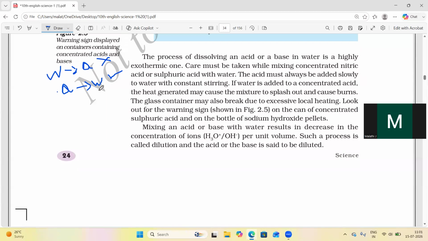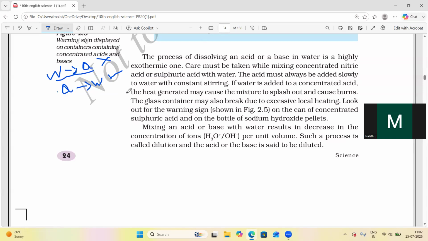Acid must always be added slowly to water with constant stirring. If water is added to concentrated acid, there is a highly exothermic reaction. The reaction mixture will boil vigorously and splash into our face and start burning. It is highly dangerous to add water into the acid.